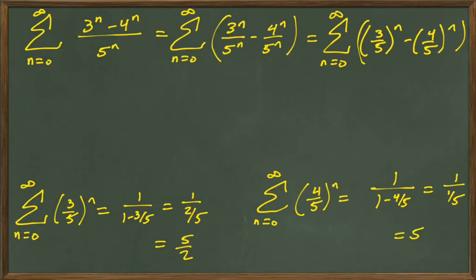So we have an a sub n and a b sub n. Their respective summations are 5/2 and 5, and here we're taking the difference of them. So this is simply going to be 5/2 minus 5, or negative 5/2, is the sum of this series.